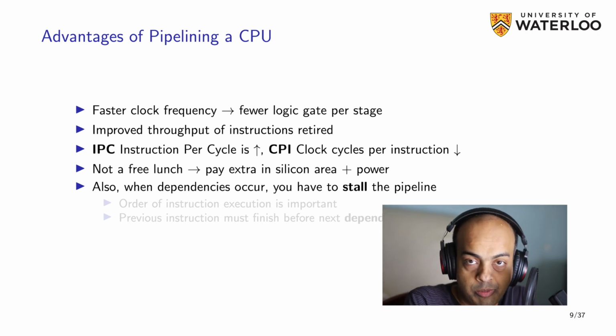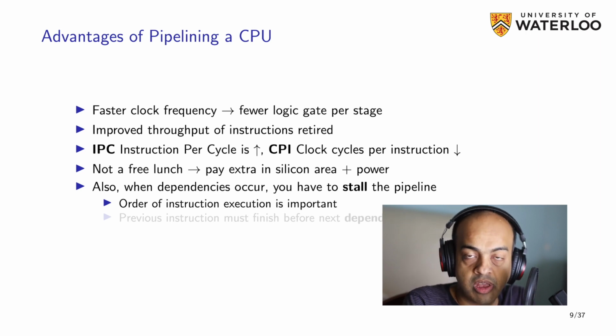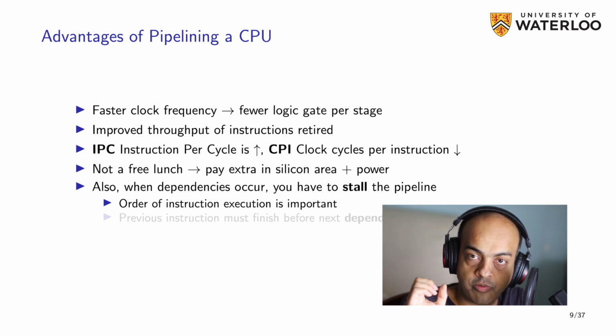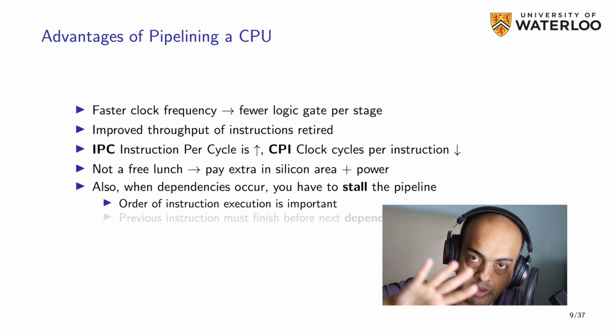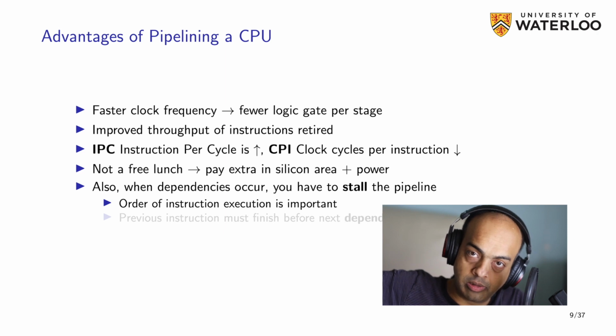Now, what CPUs do that's really interesting is what happens when there is a dependency, right? So when there is a dependency between consecutive instructions, you have to do what is known as stalling a pipeline, right? A pipeline stall forces an empty slot, or a bubble, or an idle slot to be inserted into the pipeline while the rest of the data is flushed out, right?